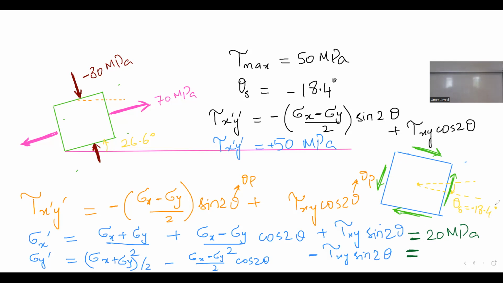So how would you do it? You have to see the values of stress x and stress y from the previous slide, by the way, and tau xy from the previous slide, not these 70 and minus 20. These are not stress x and stress y.